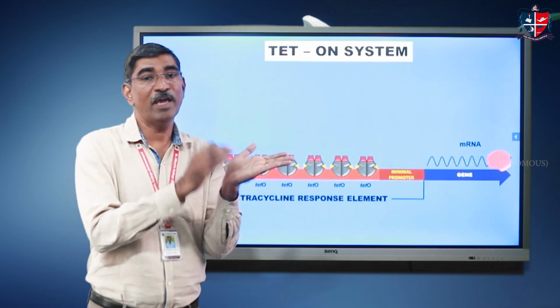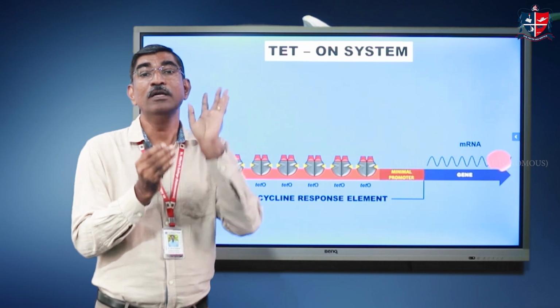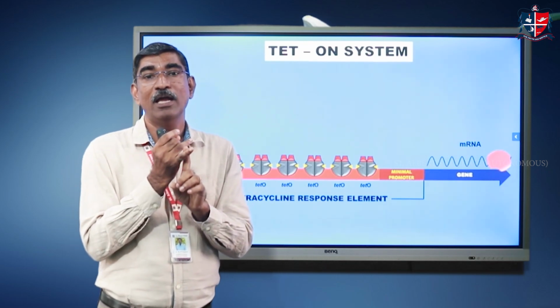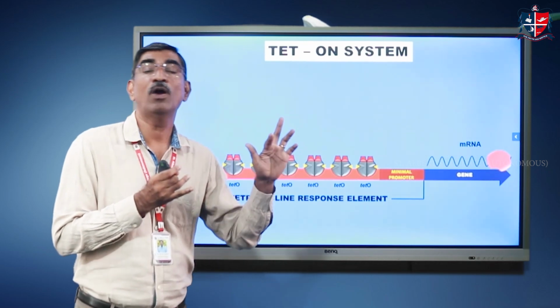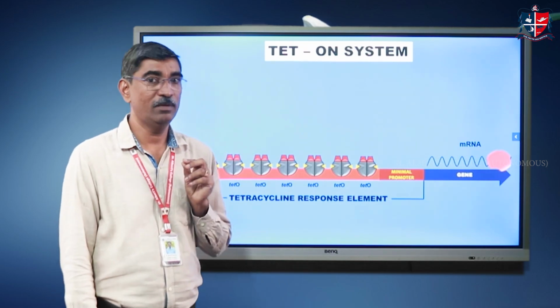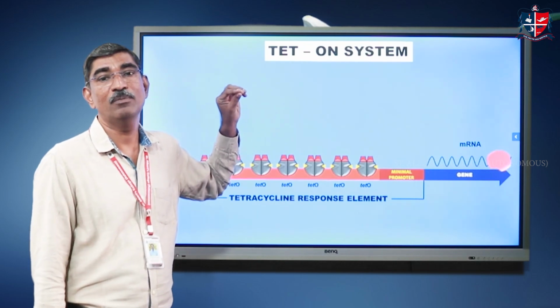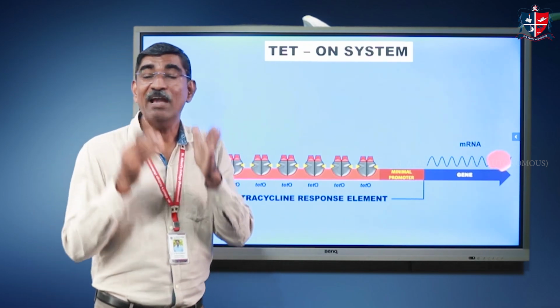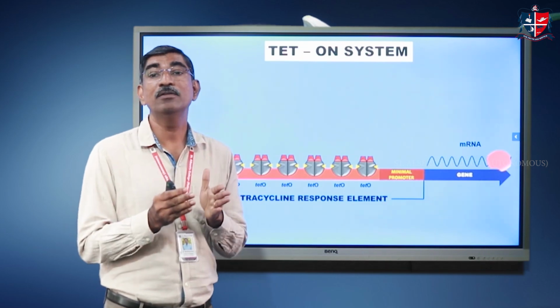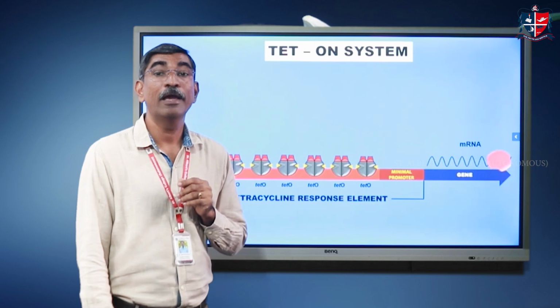So here we have two different strategies. One is used for switching off a gene, whereas the other one is used for switching on a particular gene. So using tetracycline expression systems, you can very effectively regulate the expression of the gene of our interest.